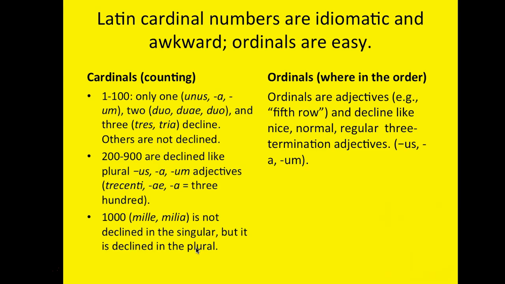But study these few cases carefully, because 1, 2, 3 occurs quite a bit, and 1,000 not only occurs quite a bit, but recognizing what's going on is usually necessary when you're doing dates and reading historical accounts where numbers of troops and that kind of thing are included. So, in any case, pay close attention to those.